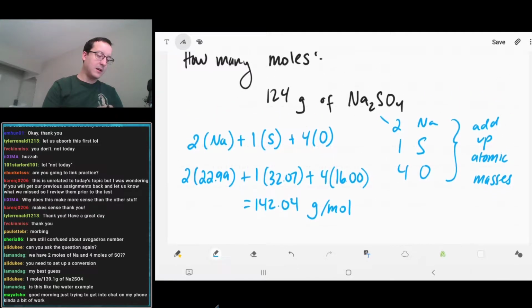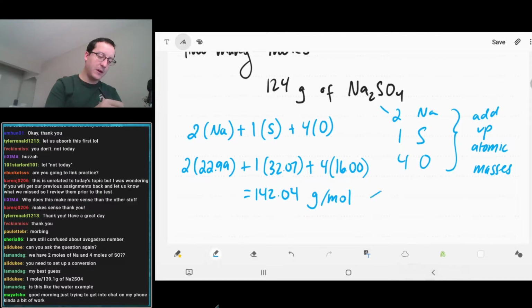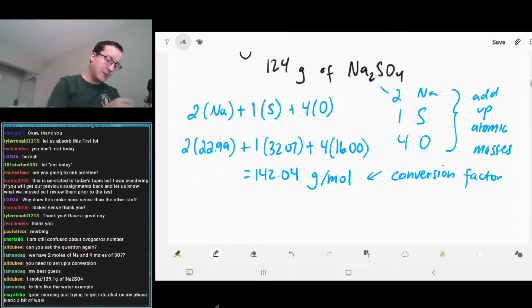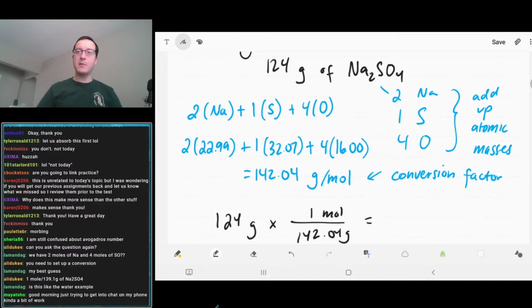And so, this is the conversion factor we need. We're going to want to do 124 grams times 1 mole over that many grams.